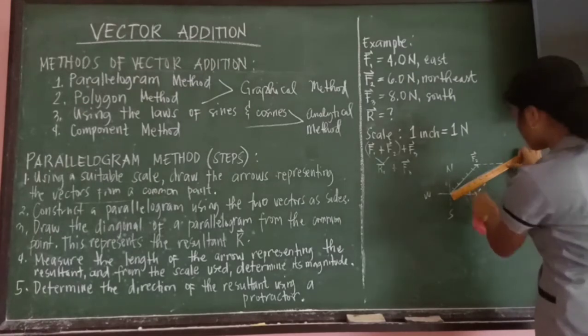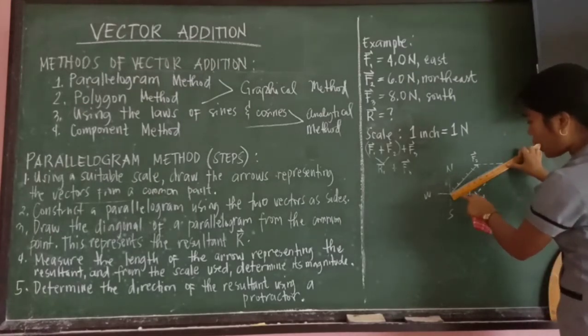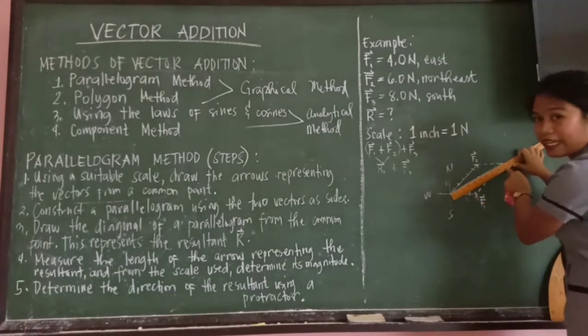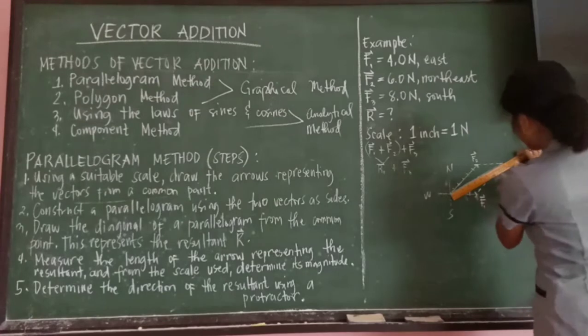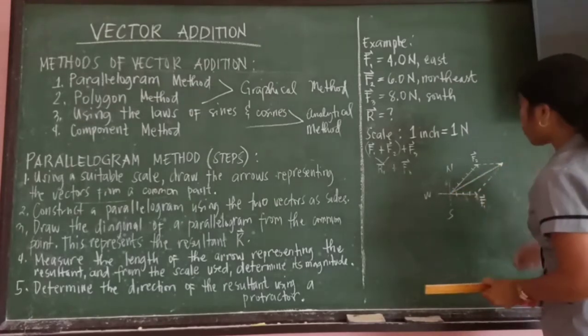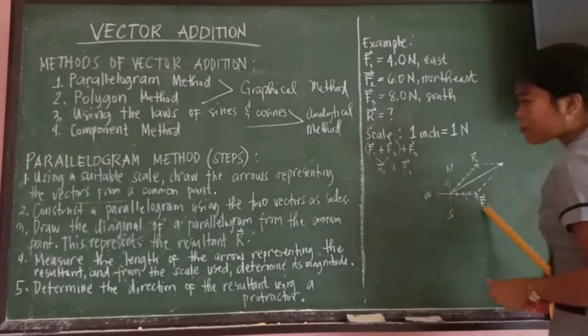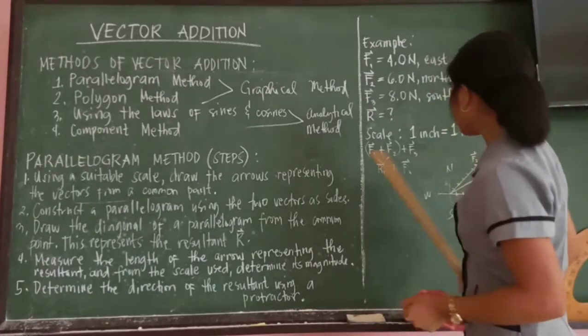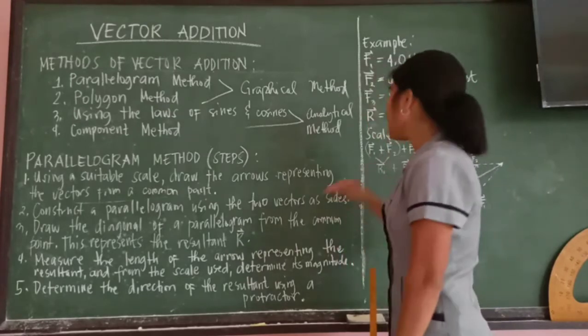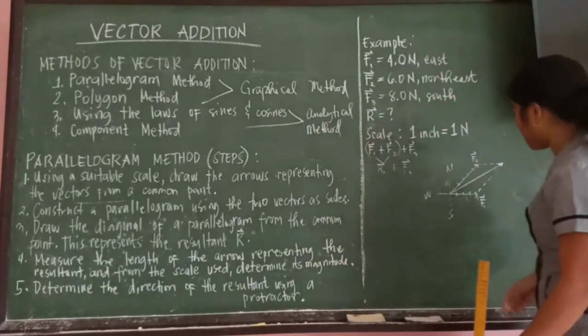Okay, as what we can see, we have here 1, 2, 3, 4, 5, 6, 7, 8, 9. 9 inches. That means the resultant of f sub 1 added to f sub 2 is equal to 9 newtons.